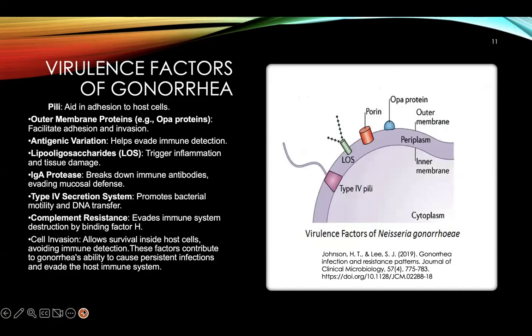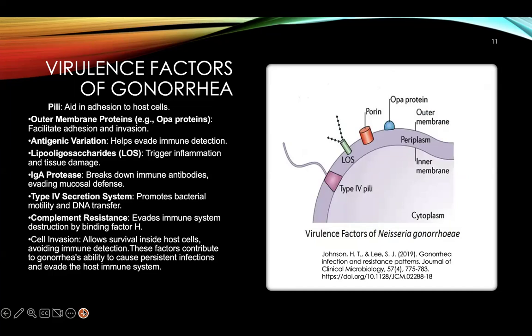The virulence factors of gonorrhea. Pili, which aid in adhesion to the host cells. So there are outer membrane proteins, example OPA proteins, which facilitate adhesion and invasion. There are antigenic variations which help evading immune detection. Lipopolysaccharides, which trigger inflammation and tissue damage.